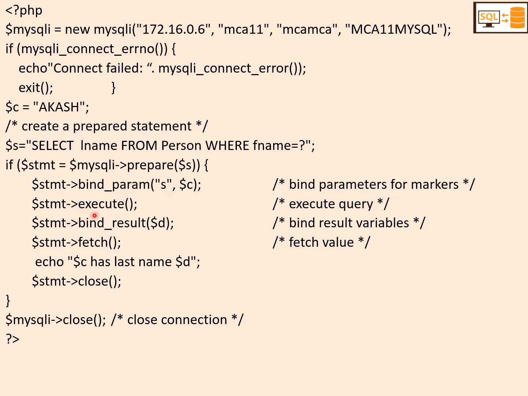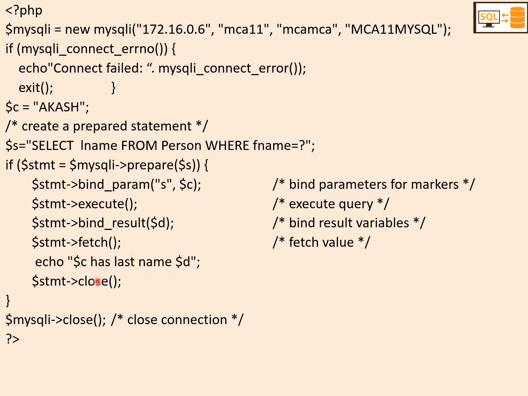Then statement execute. The statement currently has the SQL query S with parameter C, and that will be executed. Then statement bind_result $D. After executing that query, the result is bound to the variable D. Then statement fetch. We are accessing the result of the statement. Then echo $C has last name $D.